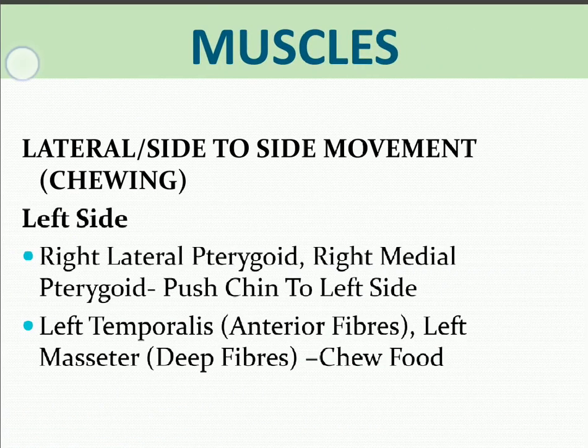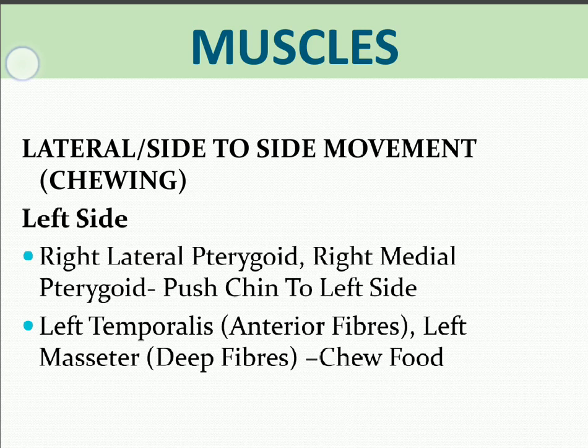And chewing of the food is possible because of temporalis and masseter. So in this movement, all the four muscles of mastication are playing a role. The pterygoid muscles are moving the chin, and the pterygoid muscle of one side will move the chin to the opposite side. So if the muscles are of the right side, they'll move the chin to the left side.